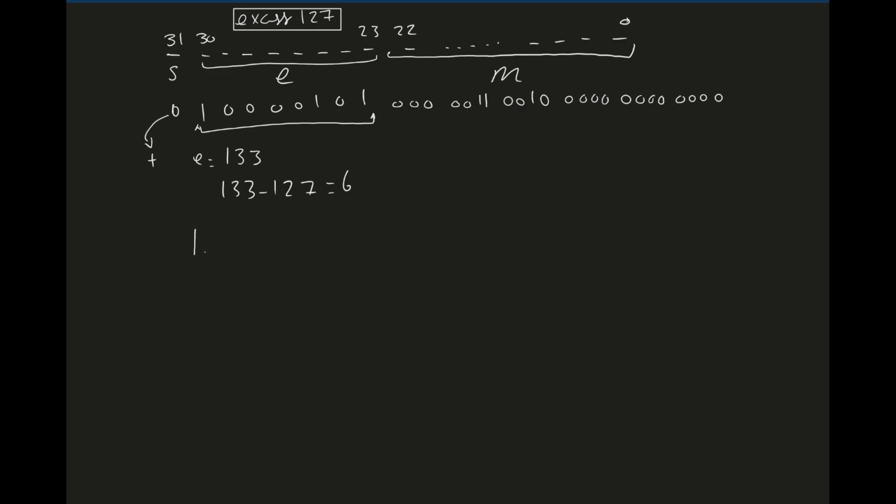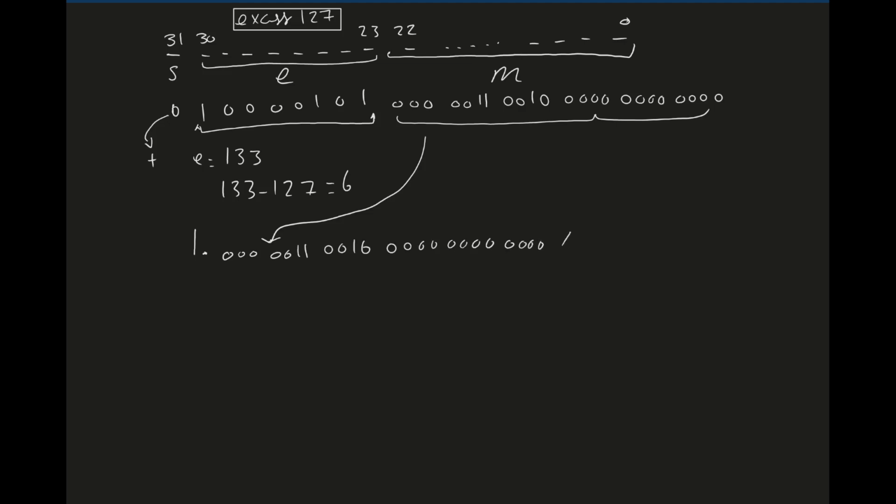This is my hidden one. And I bring down the mantissa. So this is 0, 0, 0, 0, 0, 1, 1, 0, 0, 1, 0, 0, 0, 0, 0, 0, 0, 0, 0, 0, 0, 0, 0, times 2 to the power of 6. The 6 I got just a second ago.